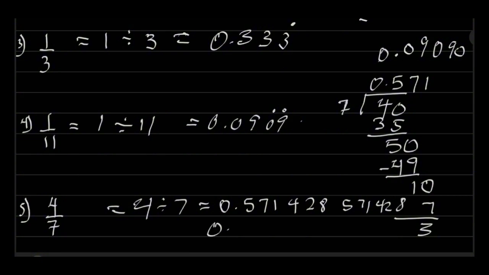So we could just write that as 0.571428 with a dot over the repeating digits. So since it is a recurring, non-terminating fraction, we will just state it like that so that we know that this is the value that keeps recurring.